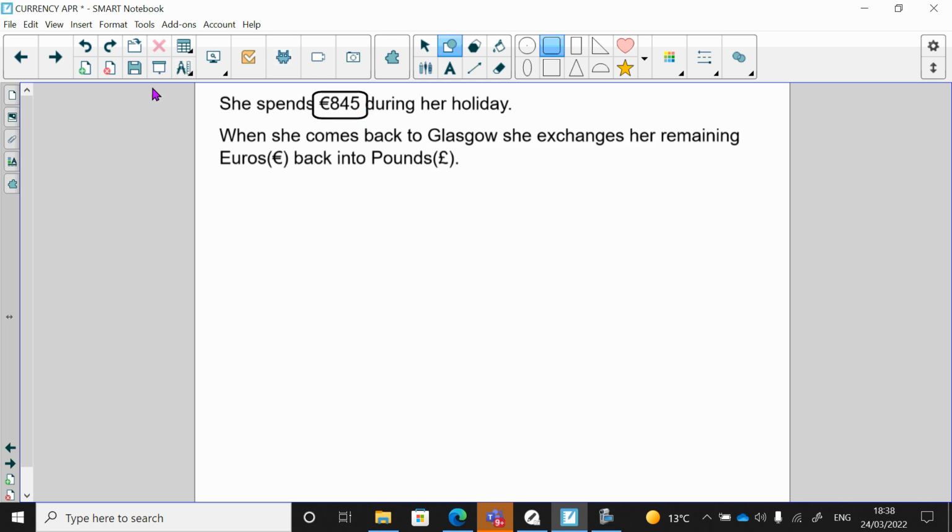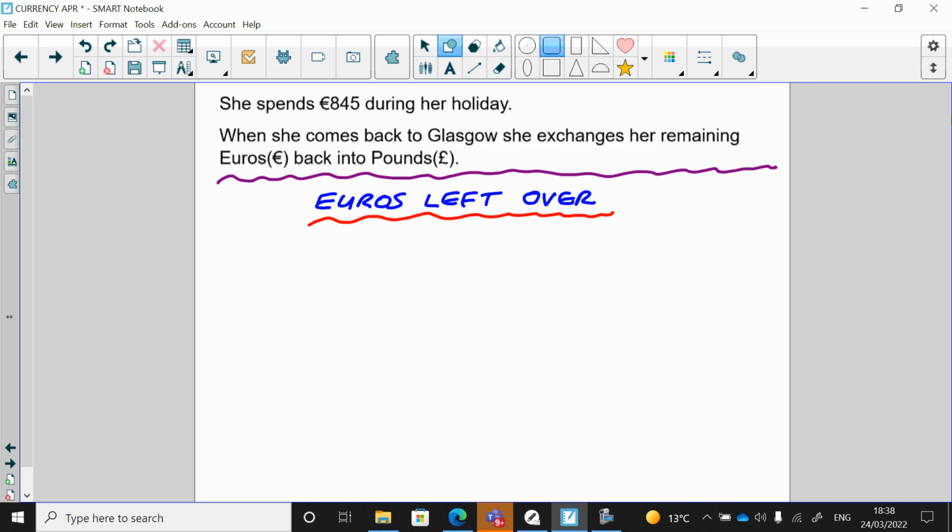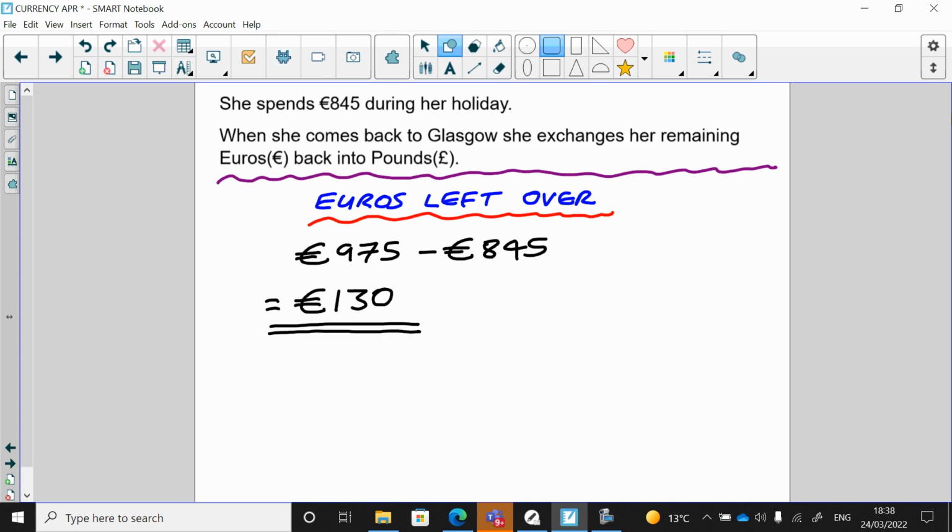So let's sort out how many euros they actually have left. Initially, when they exchanged the money, they got 975. So we're going to take away the 845 euros. Let's get the difference between these and see if we get a nice answer. 130 euros. That looks okay.